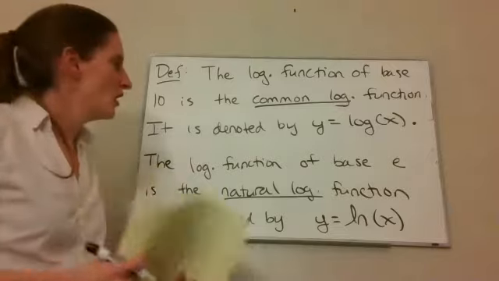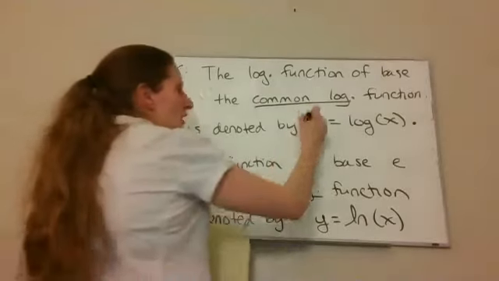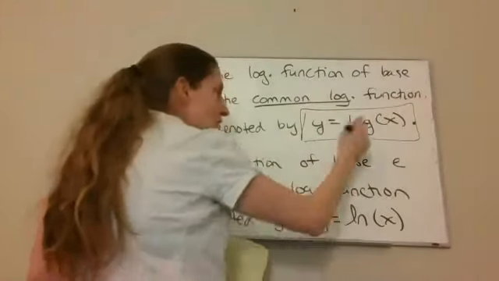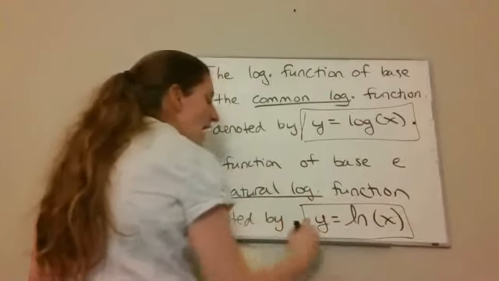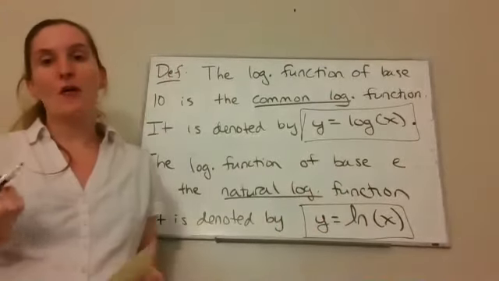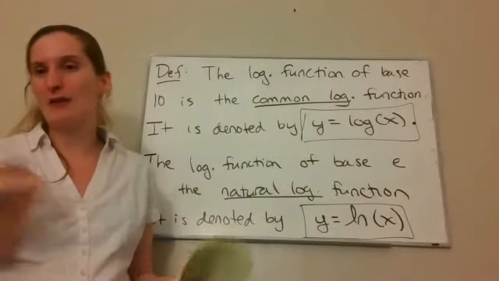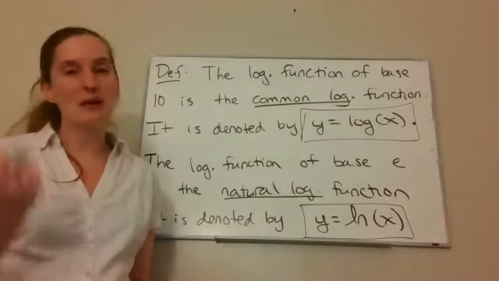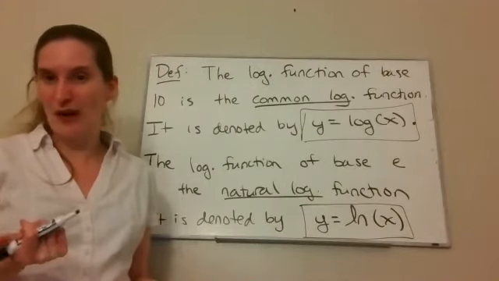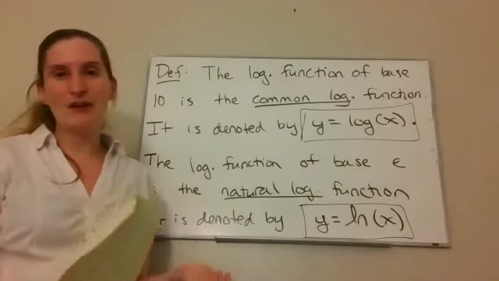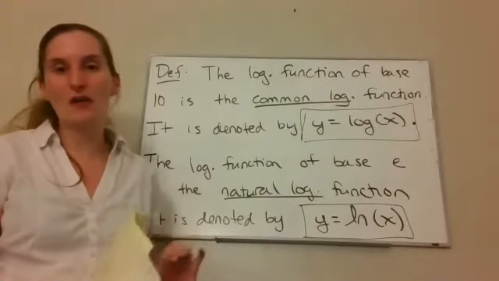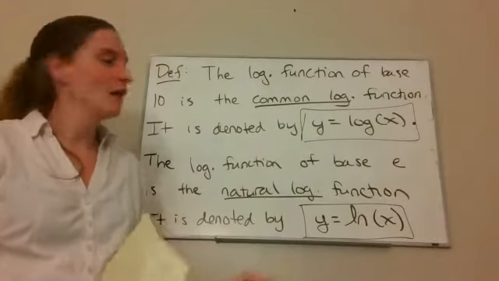So if you look at your calculators, you should have a button for the common log and for the natural log. So a lot of the times, even if we come across other logarithms, we're going to try to rewrite them in terms of these guys because we have buttons on our calculators to evaluate them. By the end of this video, you'll learn how to change any logarithm to one of these guys.